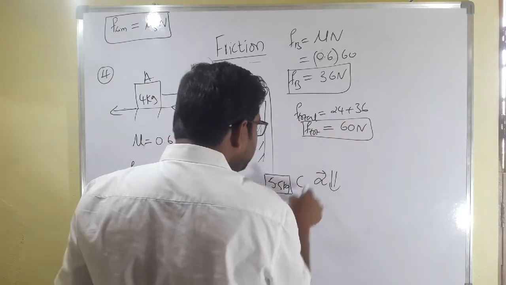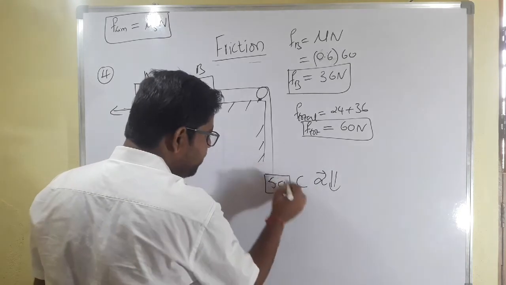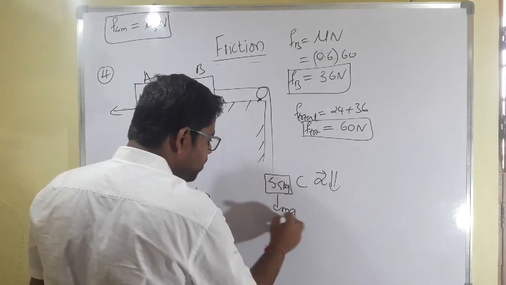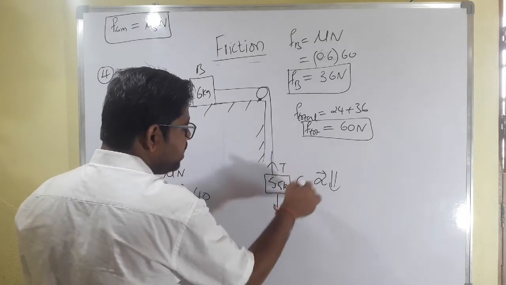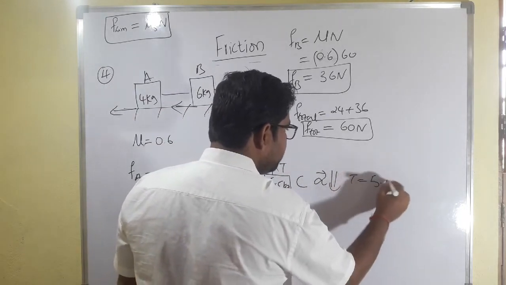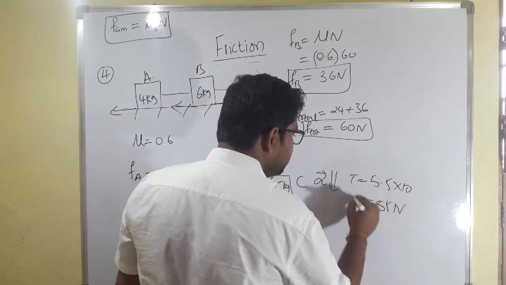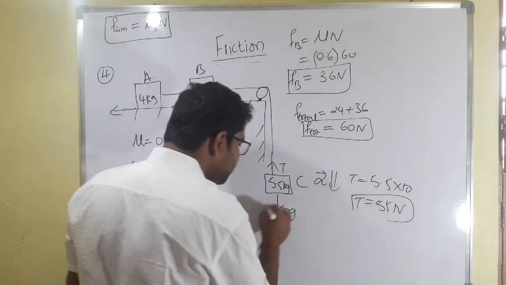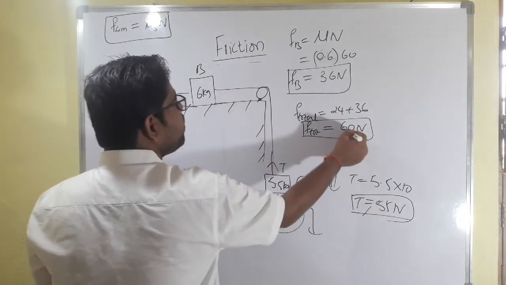Now find out how much force is pulling by the earth here. In the free body diagram, mg acts downward and here there is tension. Tension T is equal to mass 5.5 into g 10, so it is 55 Newton downward. So the downward pull is 55 Newton, and here it is held by 60 Newton.